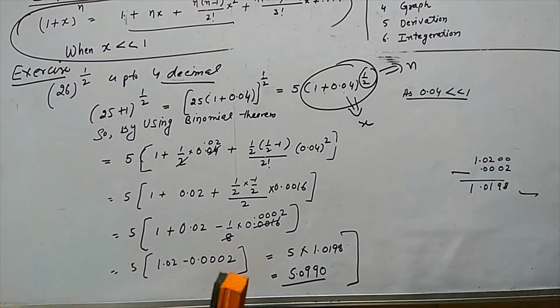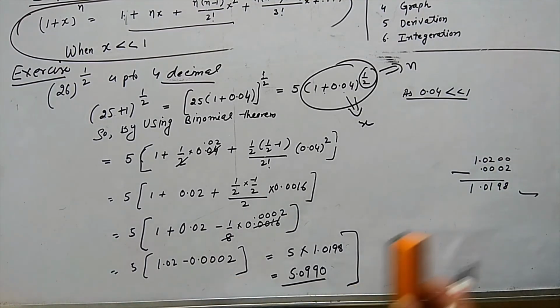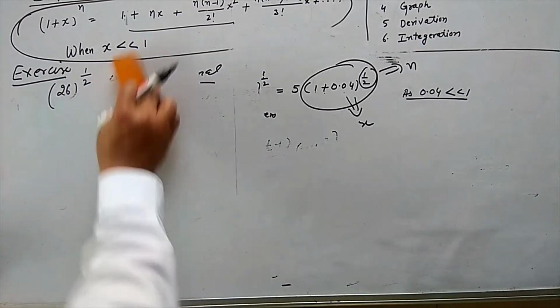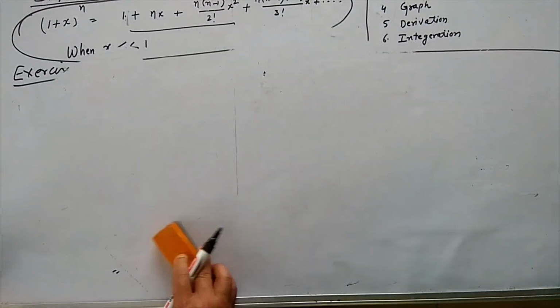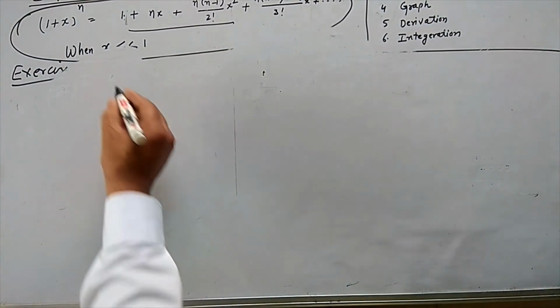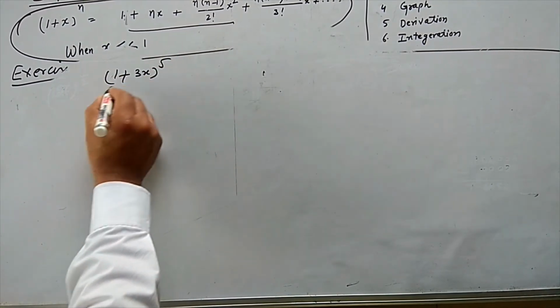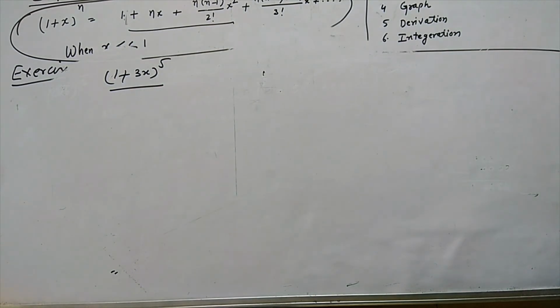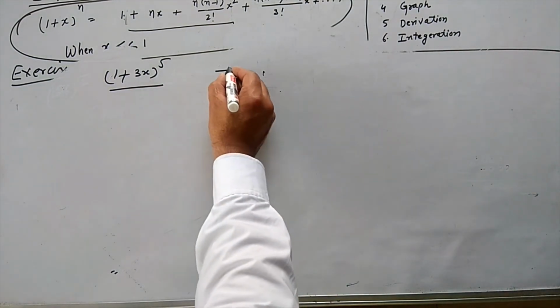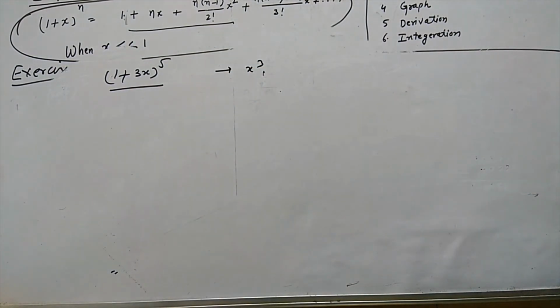So very fast, I would like to take one more question which is on your exercise. The first question is: expand using binomial 1 plus 3x to the power 5, up to the power x cube.